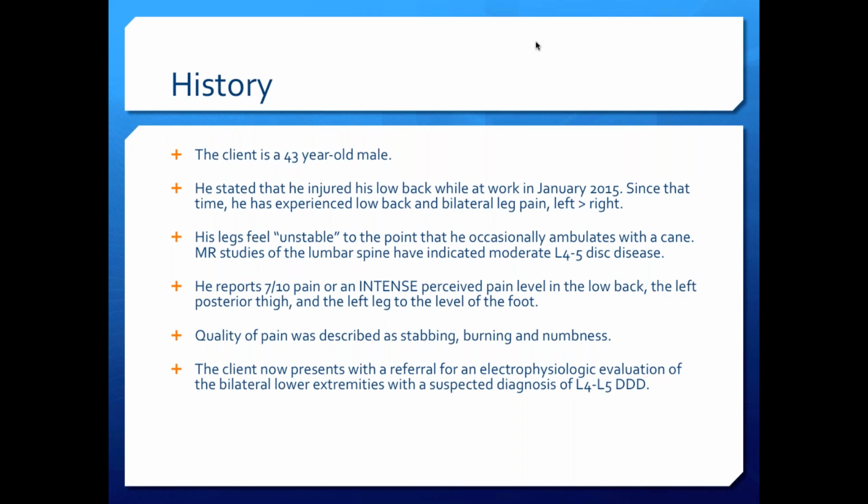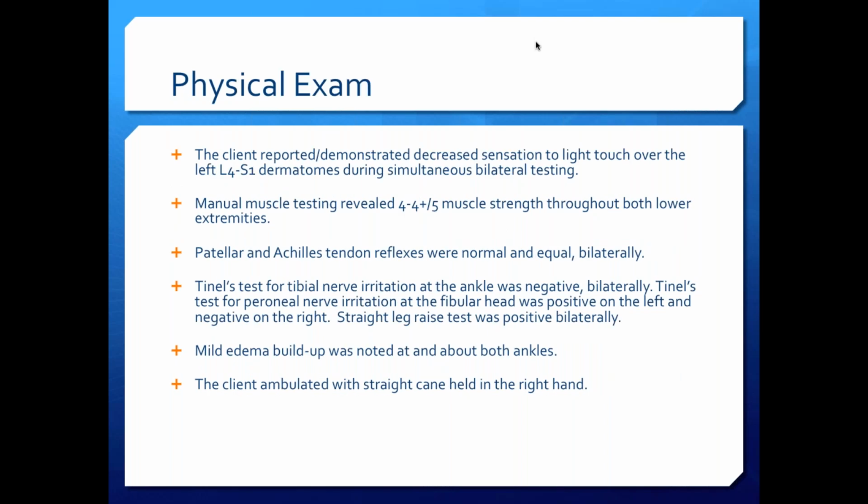The pain was intense, about 7 out of 10, and in the L5 S1 dermatome, left leg and lateral part of the foot, described as stabbing, burning, and numbness. Now he came into the office for EMG evaluation of the lower extremities with the rule out diagnosis of L4, L5 disc disorder.